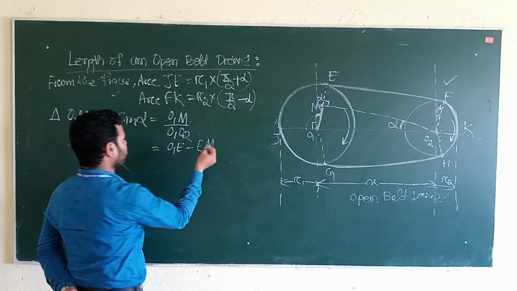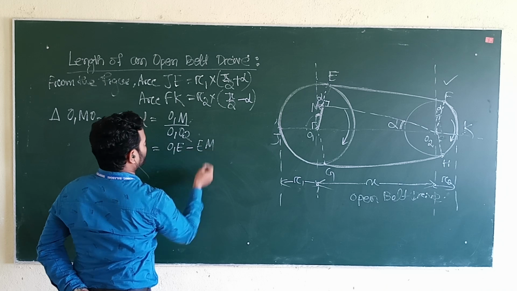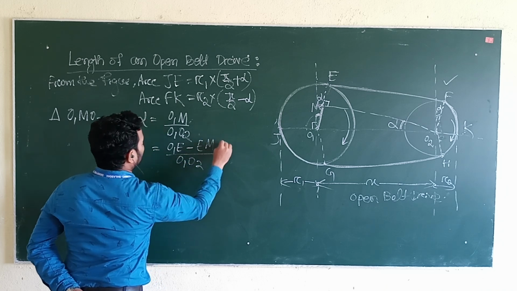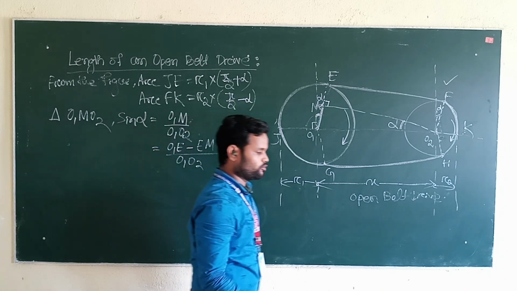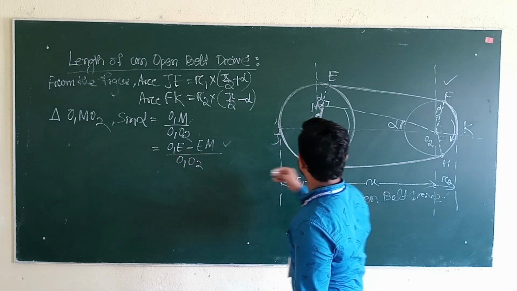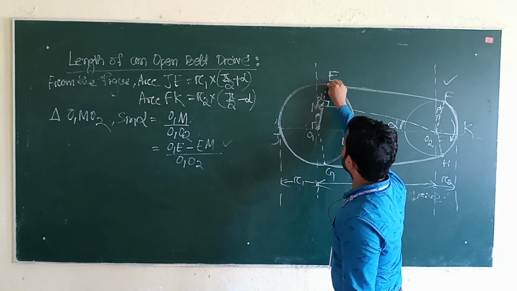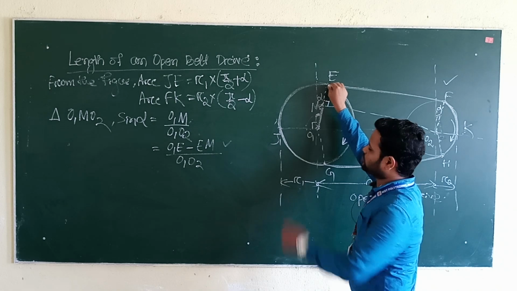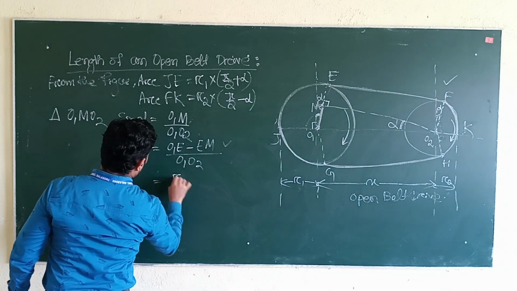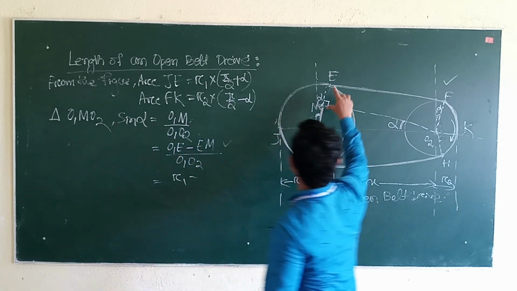See here in the figure, sin alpha equals O1E minus EM divided by O1O2. Why do we subtract here? Because we want to get the perfect value. So we know that O1E is the radius of the larger pulley. So the radius of the larger pulley is R1, minus EM.